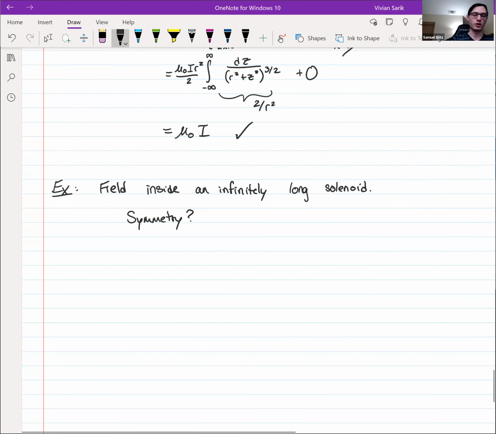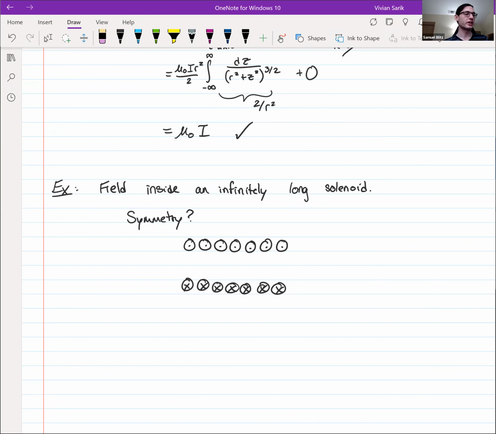The typical picture is kind of like a sliced view of a solenoid. You have wires coming in and wires coming out on top and on bottom, and so you have current running this way. That's the typical sliced view. And so the question is, what is the magnetic field doing inside?